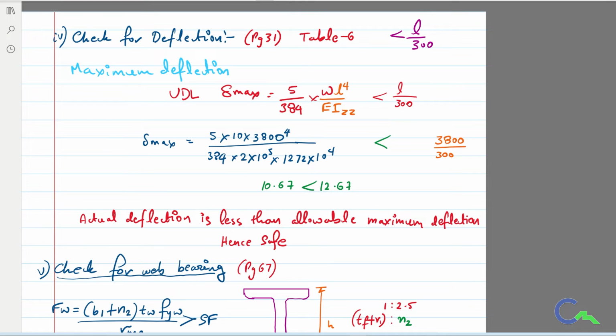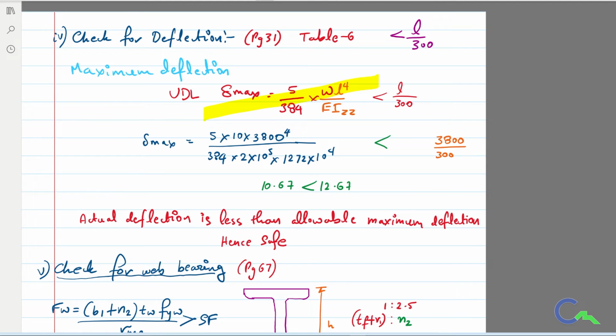We know the formula for actual deflection for a simply supported beam with a UDL. That is 5 by 384 WL to the power 4 divided by EIZZ. All the values I am going to substitute here in millimeter. The E value I can substitute, that is 2 into 10 to the power 5 for steel.